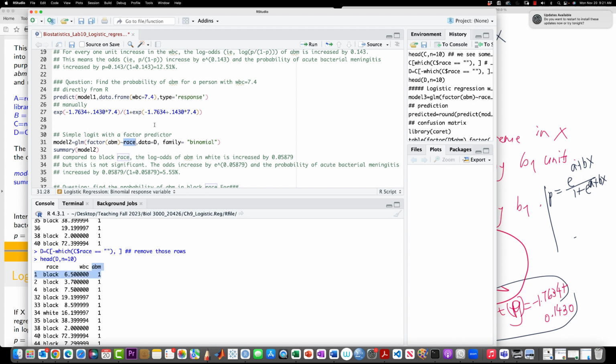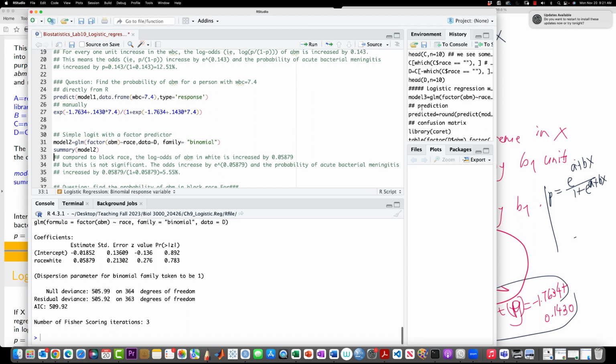Now, how do we run the logistic regression if the X variable is categorical? Exactly the same way. I'm giving a new name called model 2, GLM, factor ABM, that's the Y variable, tilde race is the X variable, all other codes are the same. So let me run that, and this is what I got.